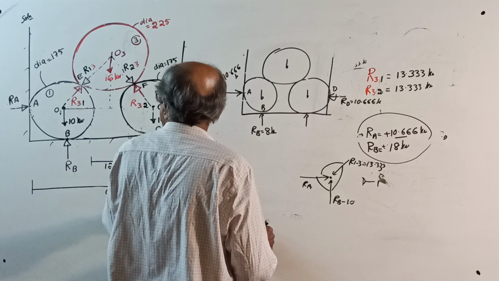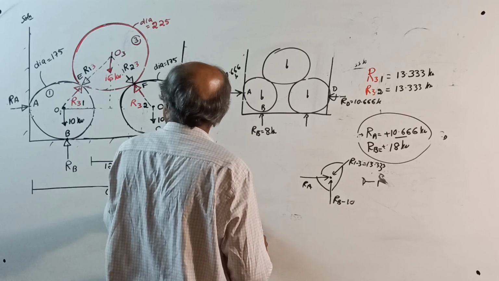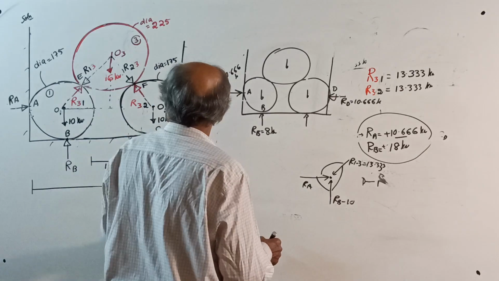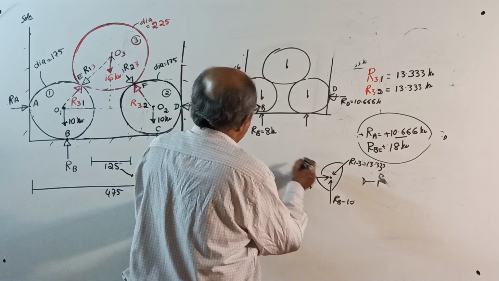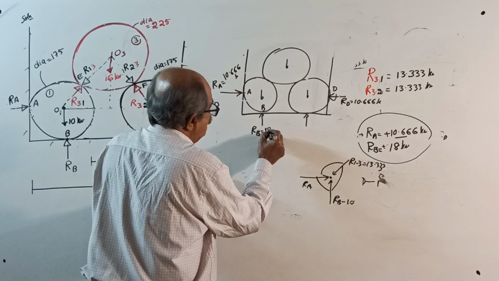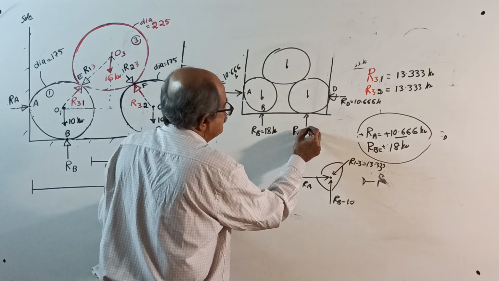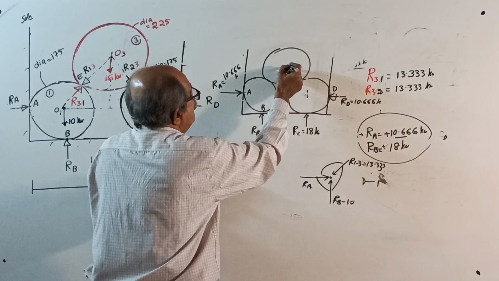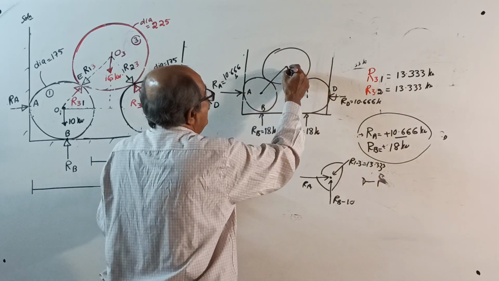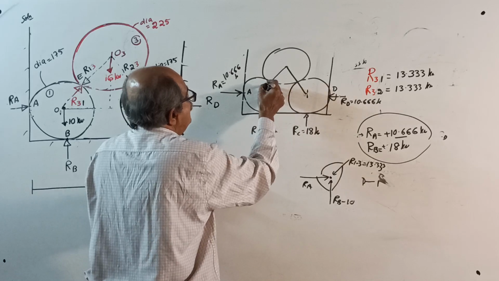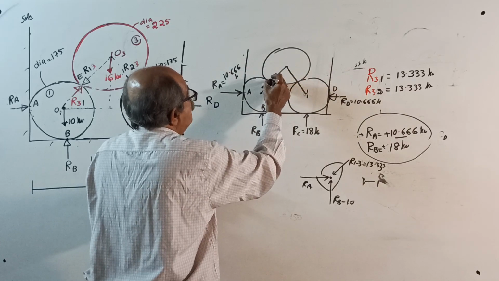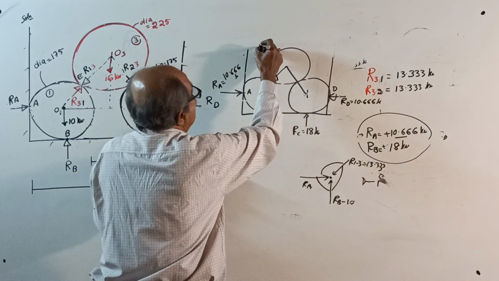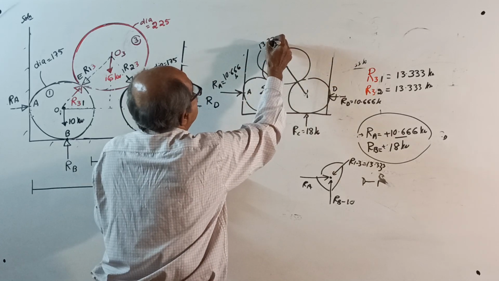So, this reaction is 18 kilonewton. This reaction RC also equals 18 kilonewton, and weight is not required between these cylinders. The force between these two cylinders is 13.333 kilonewton.